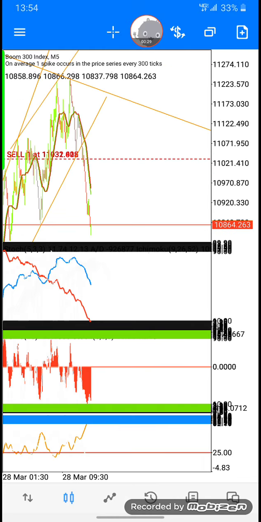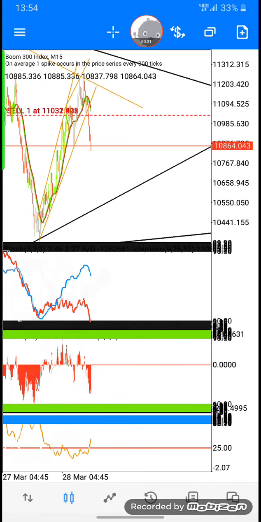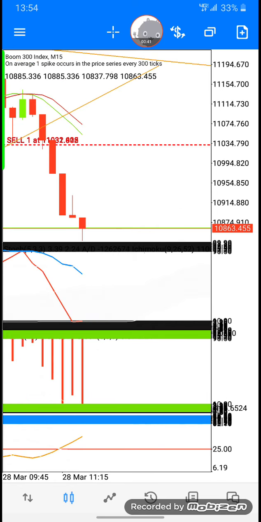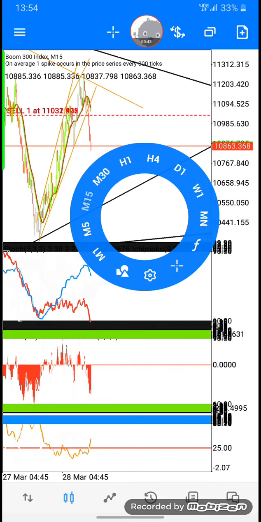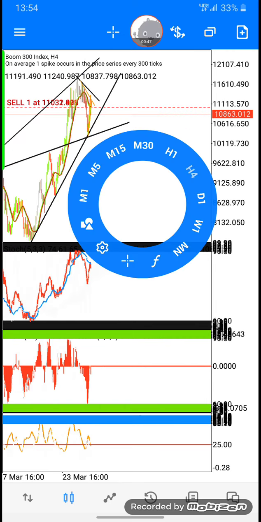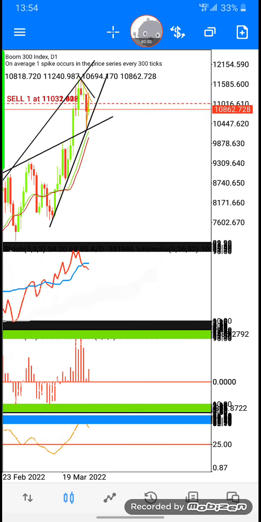What I used to tell people, I'm not only doing this according to my strategy alone. I'm also combining it with a little bit of price action, and this is how I do it, starting from a higher time frame.